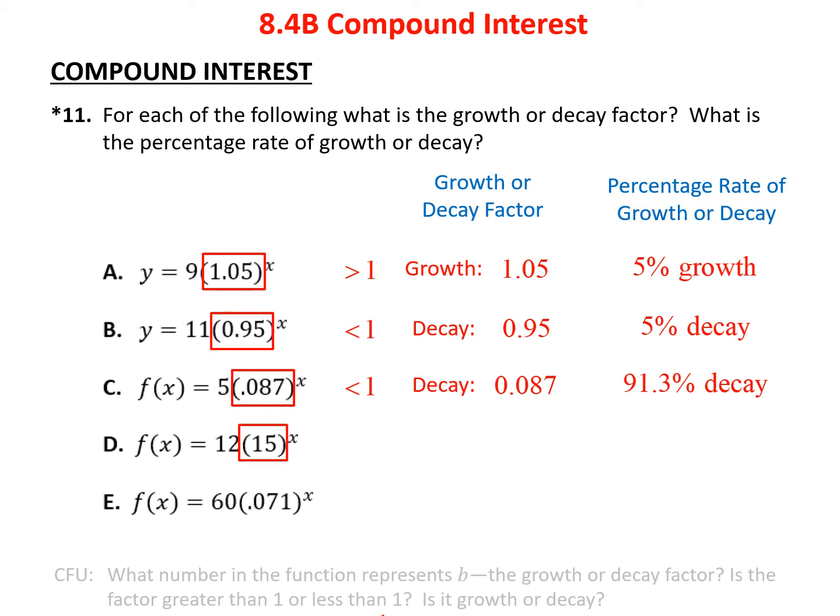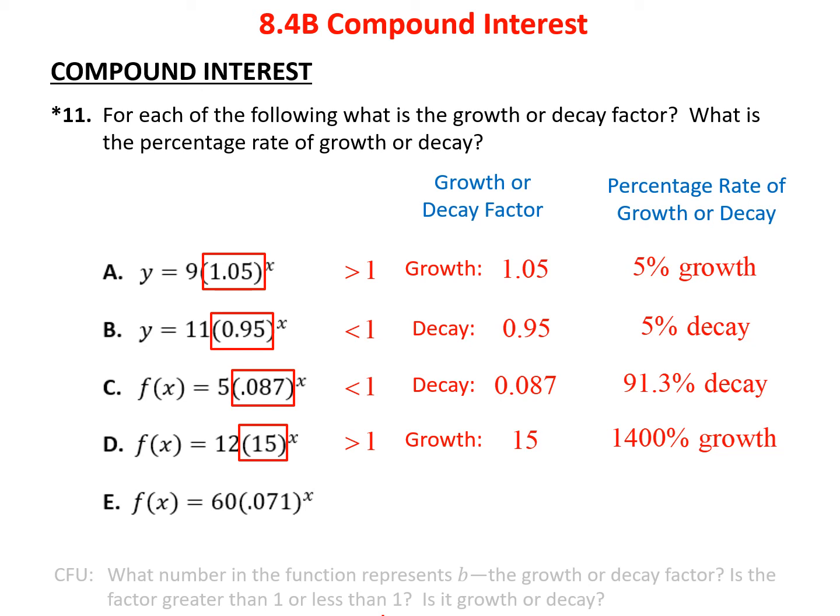In the next one, pretty simple. 15 is greater than 1, so that's a growth, and the growth factor is 15. Well, again, how much did it go up from 1? Started at 1, so it's going up by 1,400%. All right?